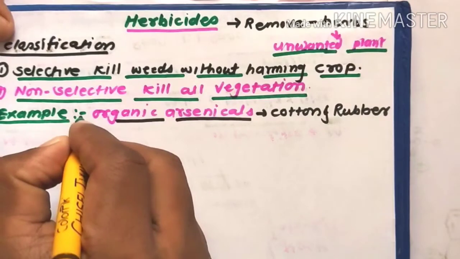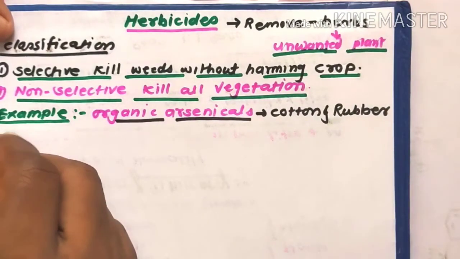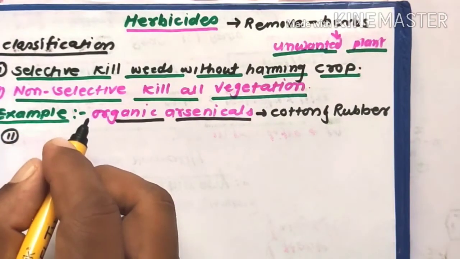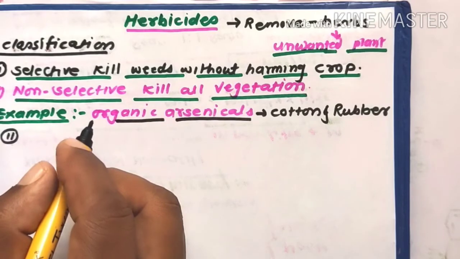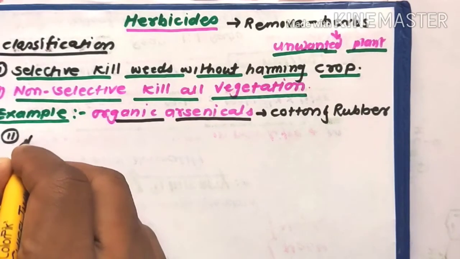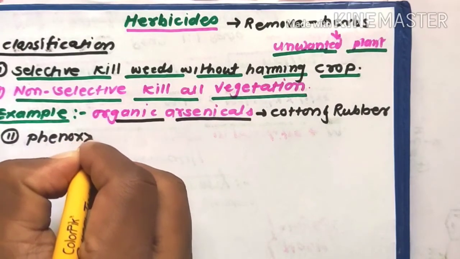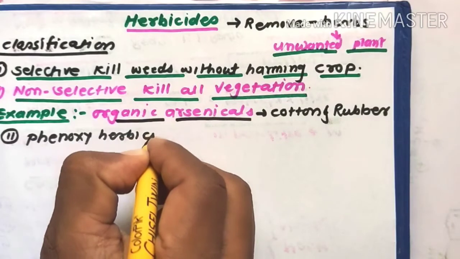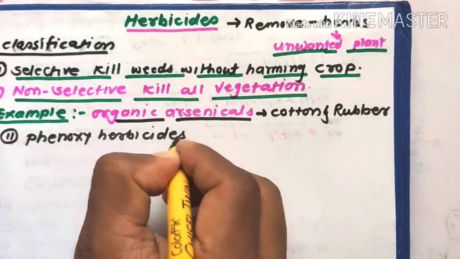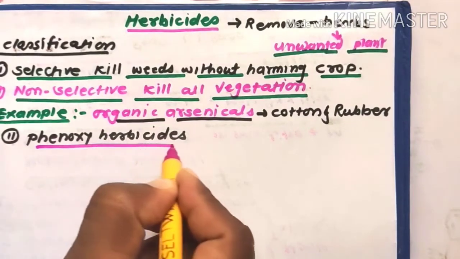And the second example of herbicides is phenoxy herbicides.